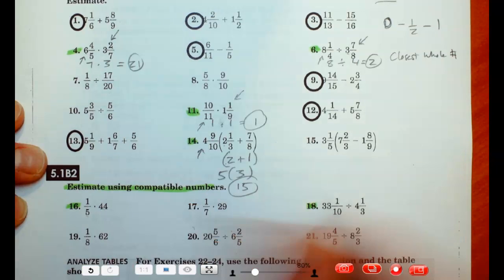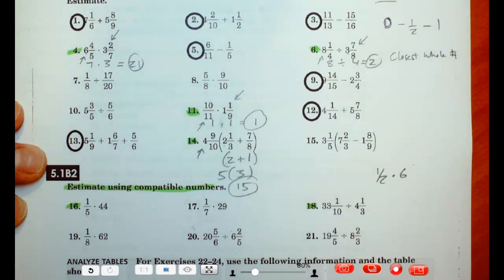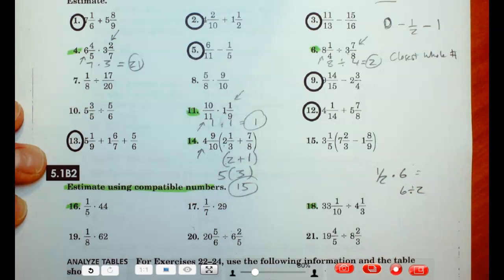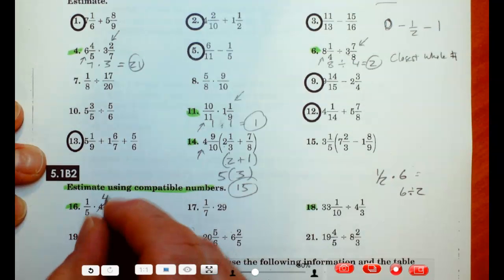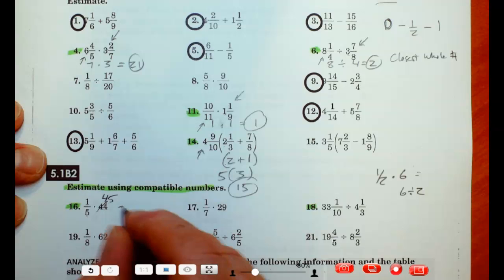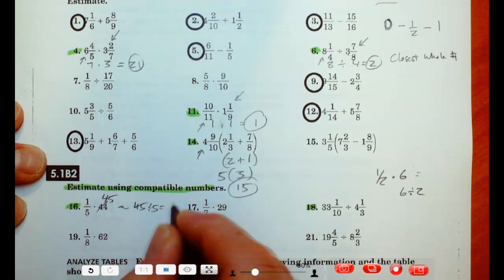So think about this. 1/2 of 6, that means multiply, is the same as 6 divided by 2, right? So 1/5 of 44, well, this isn't a very compatible number, so let's change this to 45, because 5 goes into 45. So 1/5 of 45 is really the same as 45 divided by 5, which would be 9.